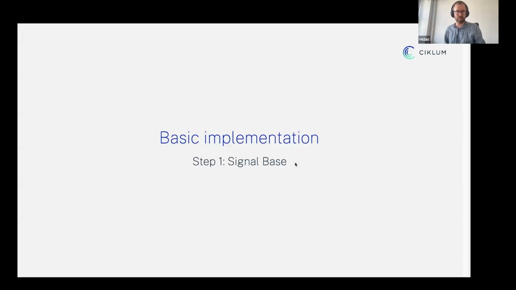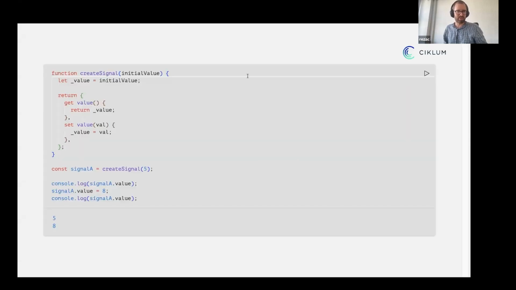So let's go through it so we can understand how to do that. The implementation starts with this createSignal function, which we saw before. What it does is simply return an object literal, which has a getter and setter.